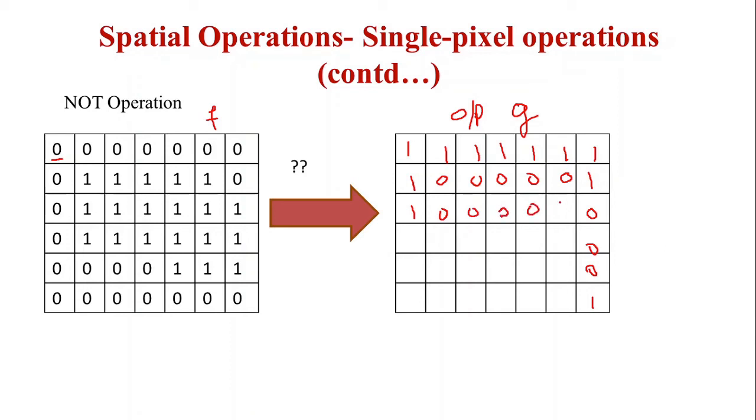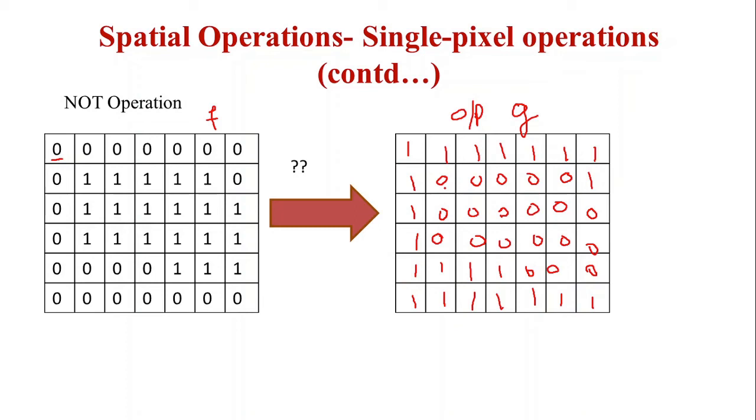Whenever we encounter 1, I replace it with 0. Whenever I encounter 0, I replace it with 1. I am first toggling all the zeros to 1, and now I am toggling all the ones to 0. So this will be my output image.